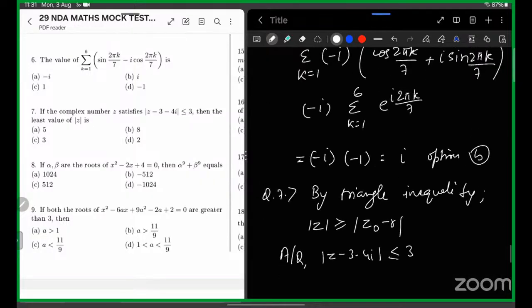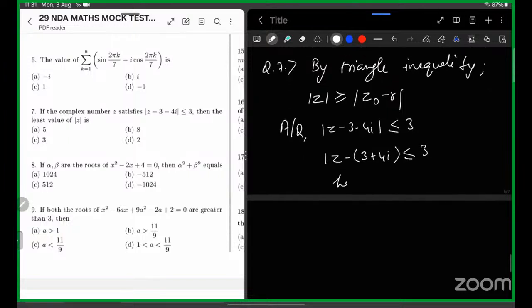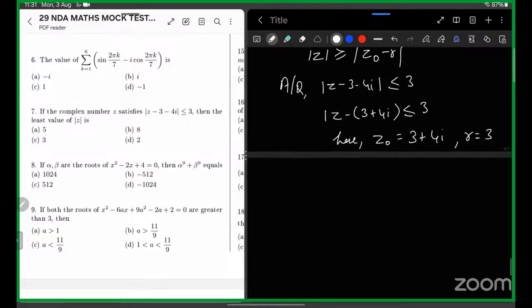So if you try to write it in proper form, I can write minus of 3 plus 4 iota like this, less than equal to 3. Here, z naught is equal to 3 plus 4 iota. And r value will be equal to the right hand side value, that is 3. Just put these values in the triangle inequality.